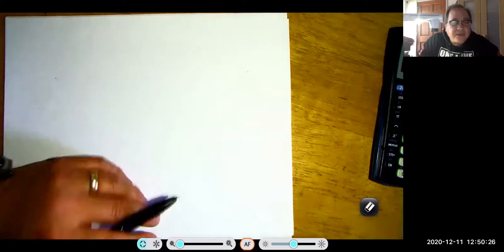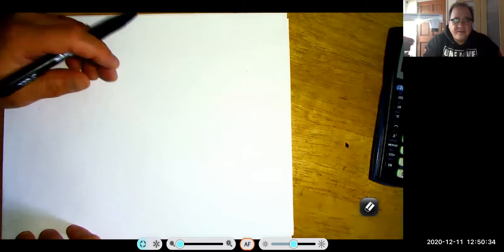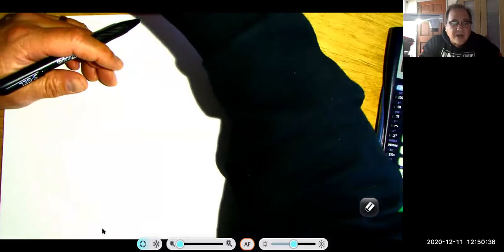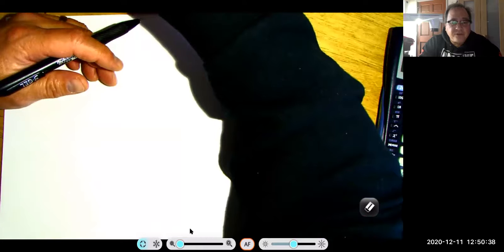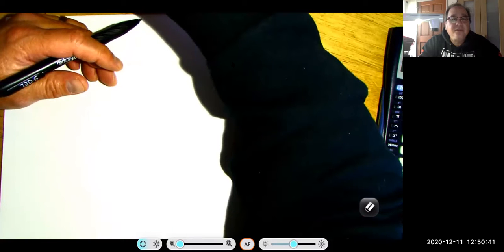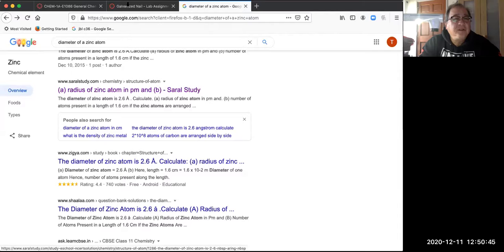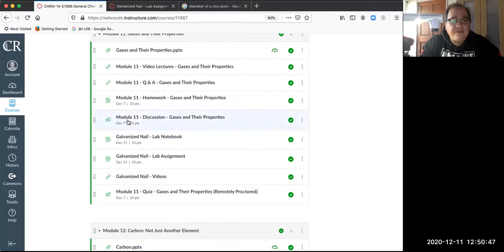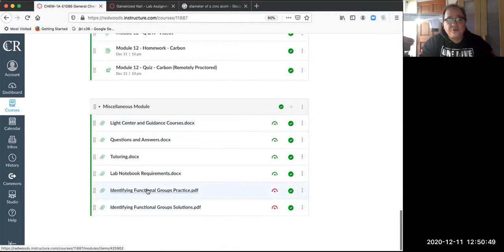Did you look at the practice sheets that I posted? They're in the miscellaneous module at the bottom. And what I'm going to do is I'm going to do a new share with you. So here at the very bottom, identifying functional groups practice.